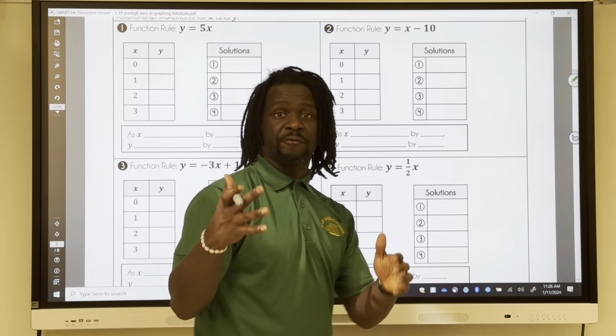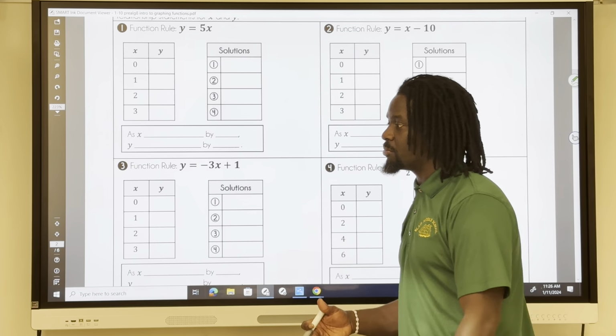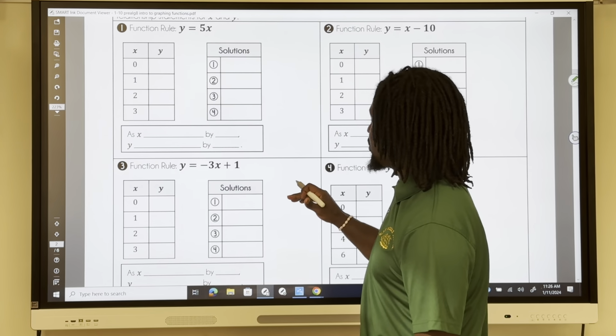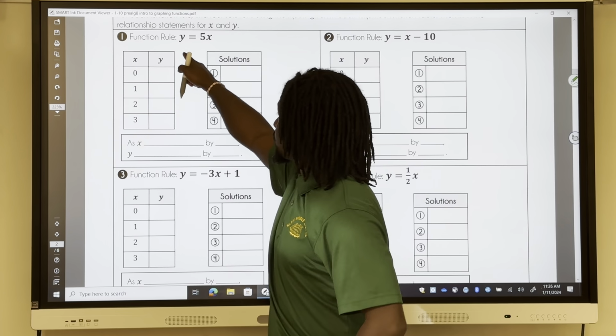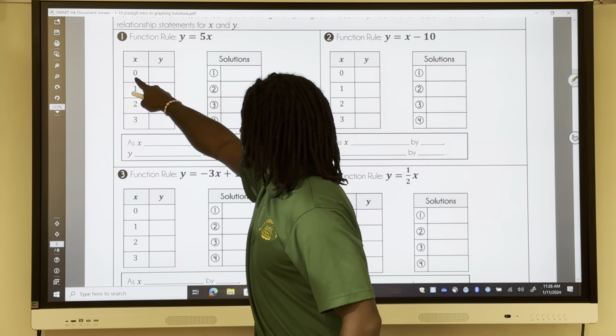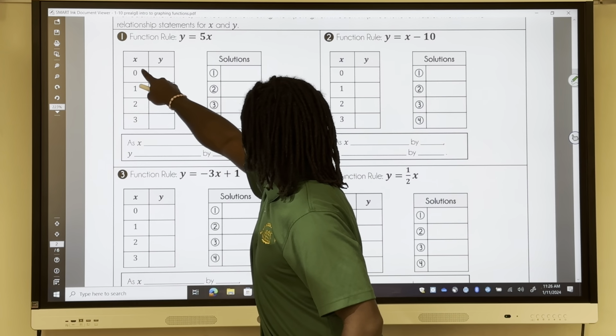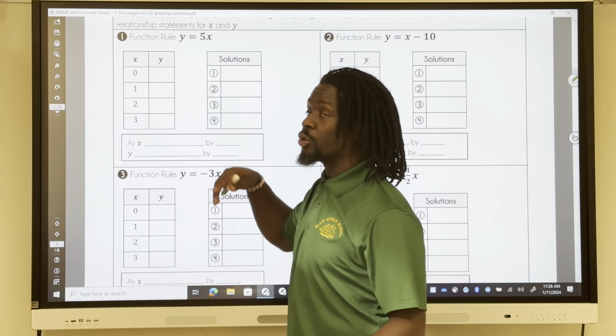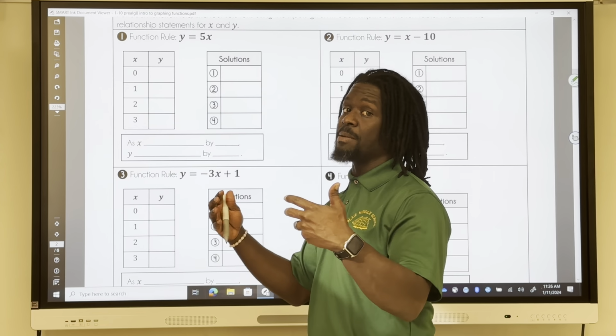Next we have 4 examples that you're going to do in just a moment. I'm going to do the first one, and then I want you to do the remainder of them. In this first one, you have y equals 5x. For each of these, you're going to take the x's and plug them in for x. In this case, we're just multiplying by 5.